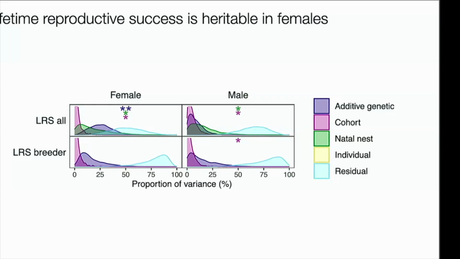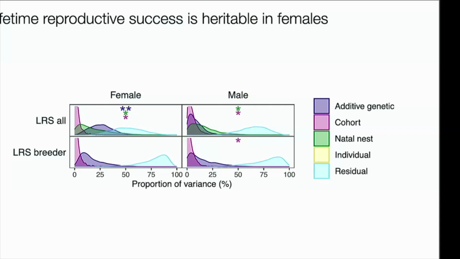Interestingly enough, we find non-zero additive genetic variance for lifetime reproductive success in females, but not in males. This is opposite in pattern to many other studies, where they typically find heritable fitness in males, but not females. But here we are. This is what we found.